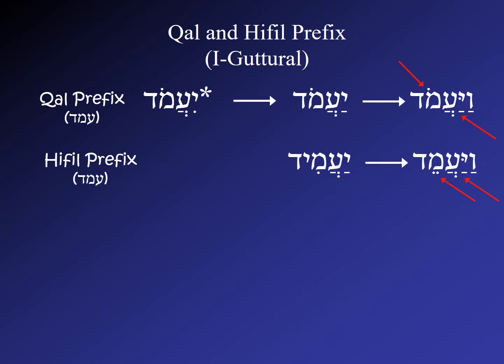It is in the vav conversive, of course, that hirek yod retracts to a tzere, but it's still E-class. So for most first gutturals, it is simply a matter of making sure you pay attention. Don't simply look at the vowel under the prefix and decide it's Hifil, but also look at the vowel between the second and third radicals.